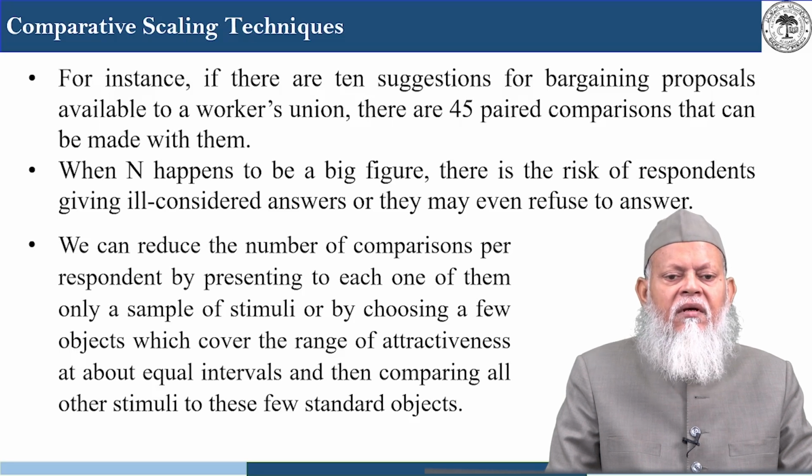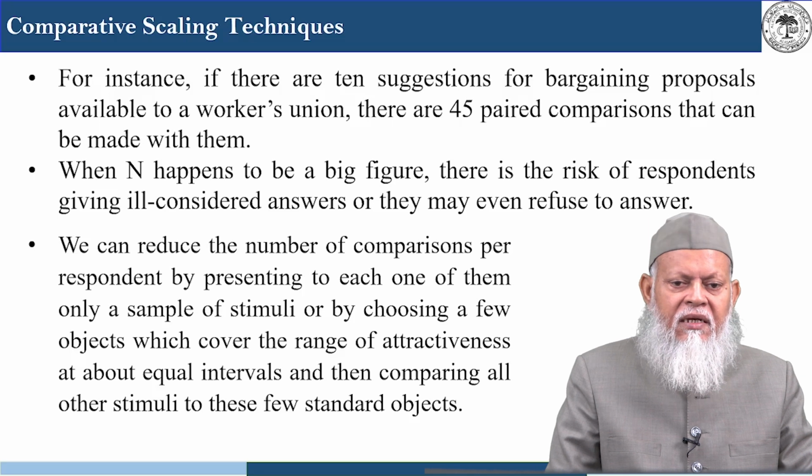However, when the number of judgments happens to be a big figure, there is the risk of respondents giving ill-considered answers, or they may even refuse to answer. It is natural.